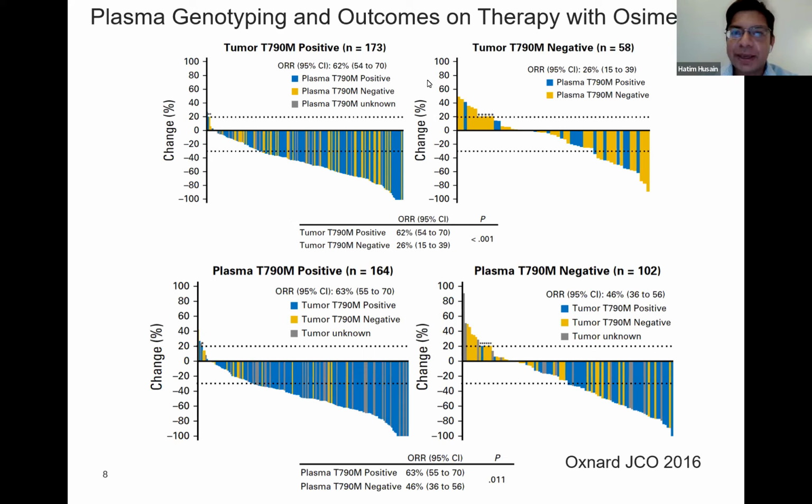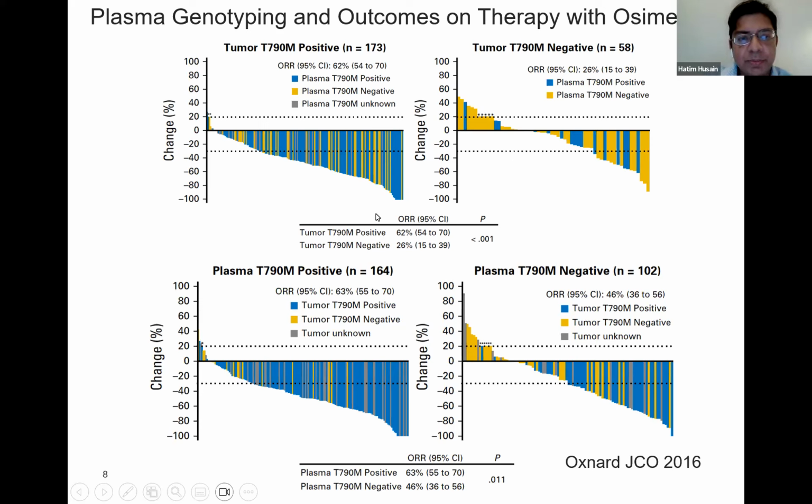But I remember this paper when it came out because it really set the stage for thinking about concordance for T790M, in the context of how osimertinib was being brought forward and how we can identify the T790M mutations. And so, this paper looked at plasma positive T790M samples, as well as tumor tissue samples.